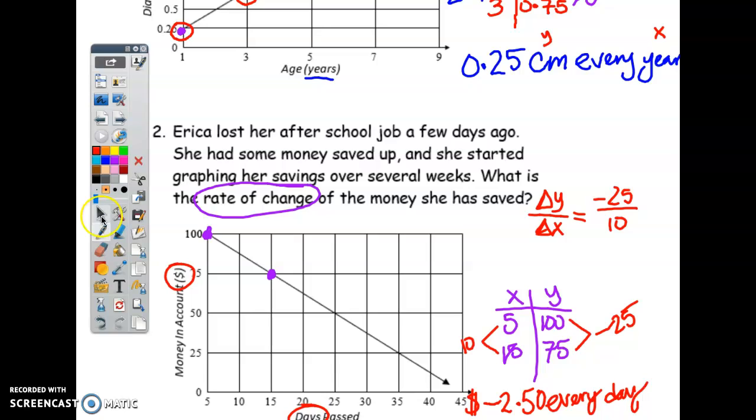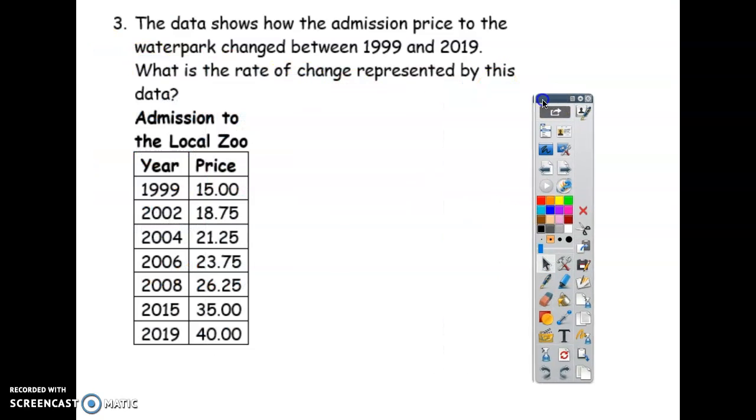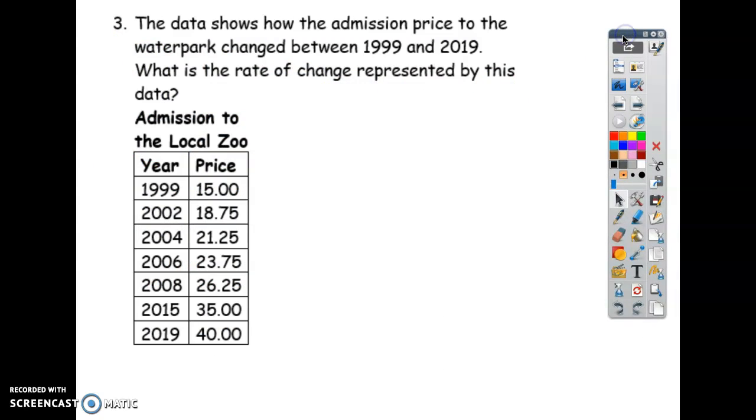All right, let's look at the next two problems. Remember, you can pause the video if I'm going too fast, or fast forward or rewind. Problem number 3. The data shows the admission price of the water park changed between 1999 and 2019.